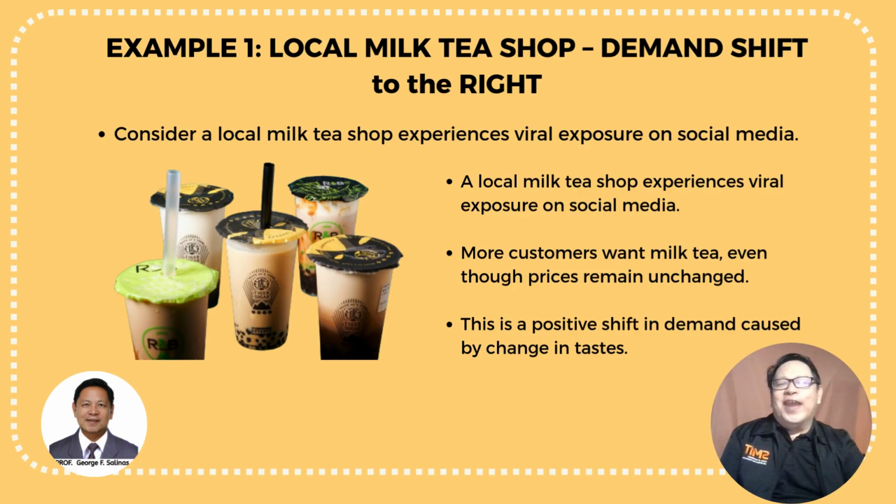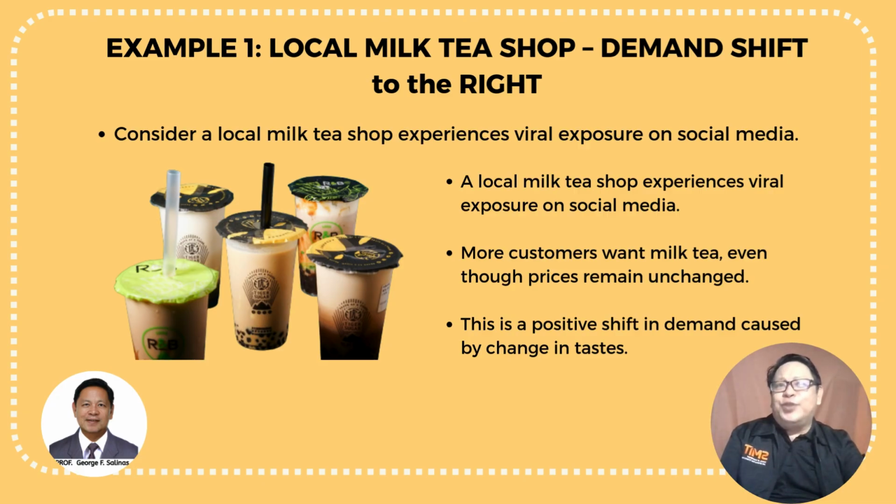So to further illustrate the effect on the curve whenever there is a demand shift, let us take for example a local milk tea shop. Nowadays, a lot of drinkers, especially the Gen Z, prefer to drink milk tea instead of coffee and other beverages.